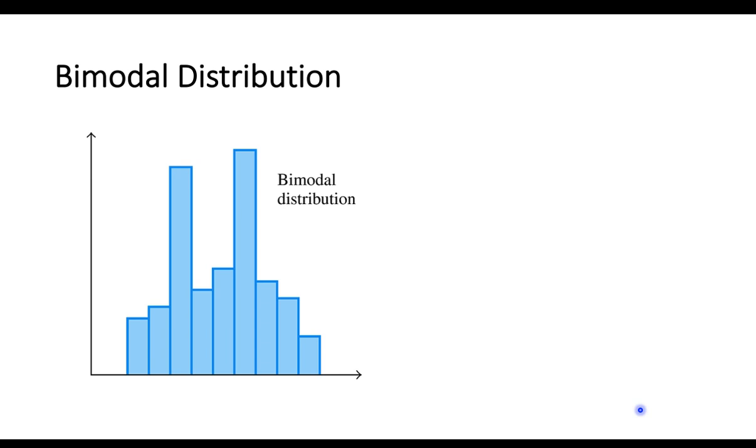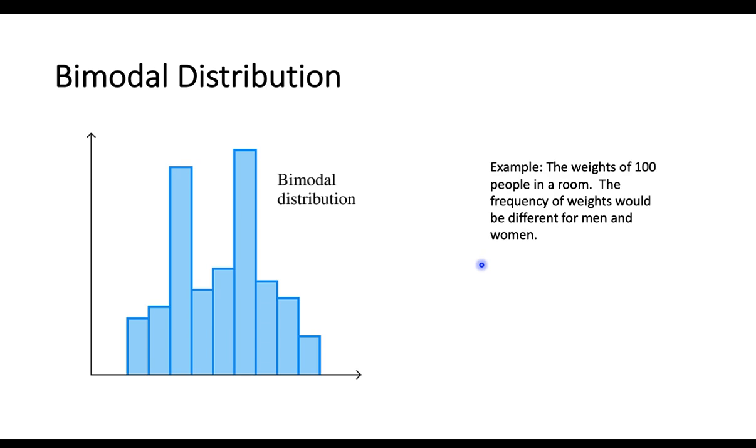Next, we have a bimodal distribution. With a bimodal distribution, you have two values that are clearly higher than the others. Not necessarily the same, but both of these are higher than the others. An example of this might be if you took the weights of 100 people in a room, you would expect there to be two different modes.